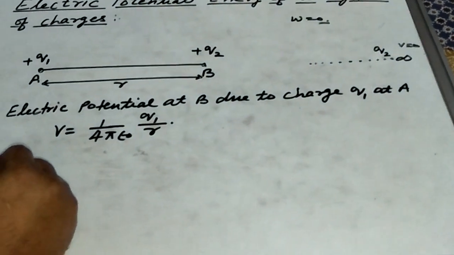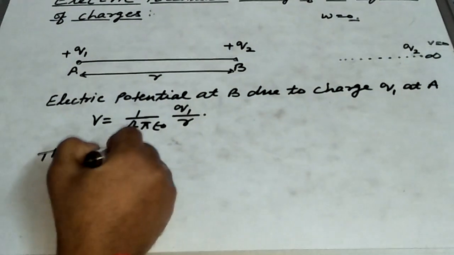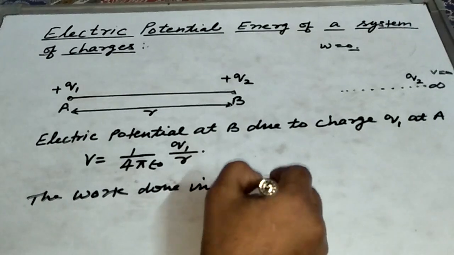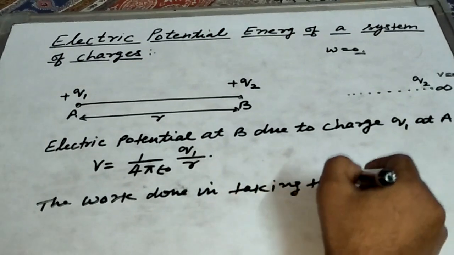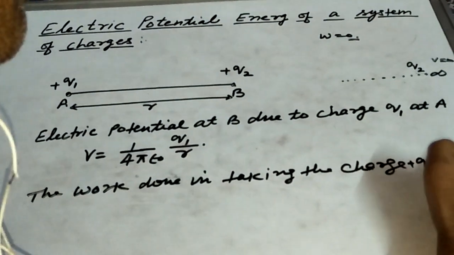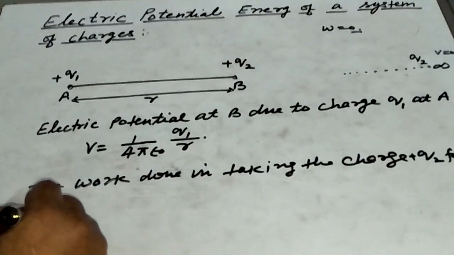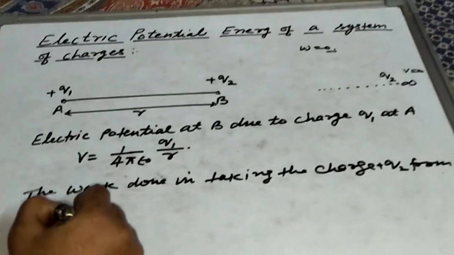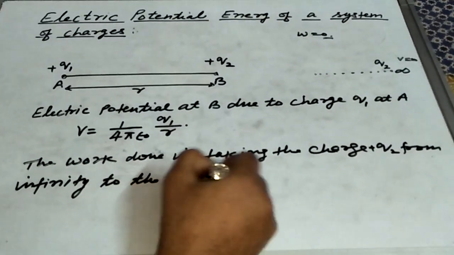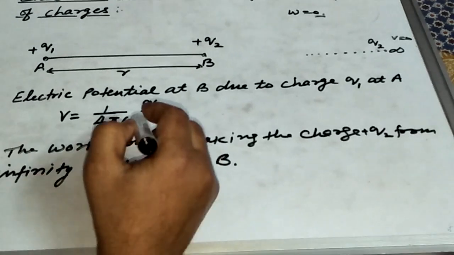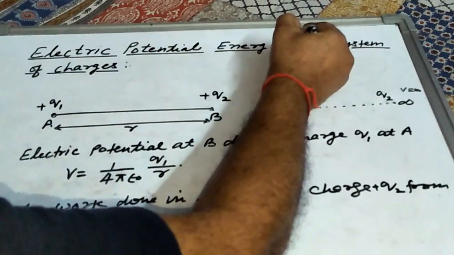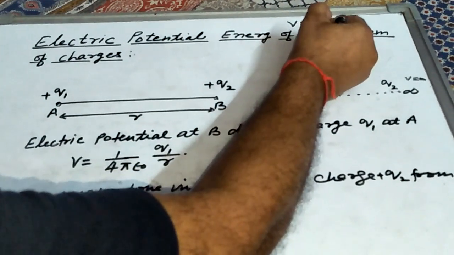By the definition of electric potential, we know V is equal to W by Q, where V is the potential difference, W is the work done, and Q is the charge.